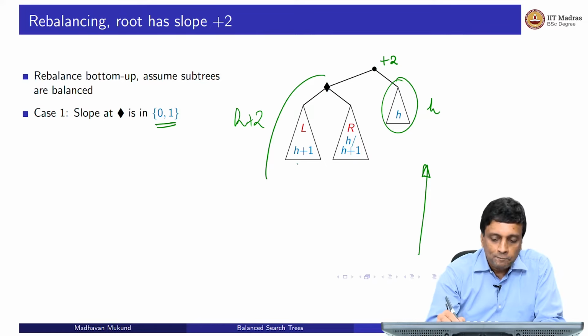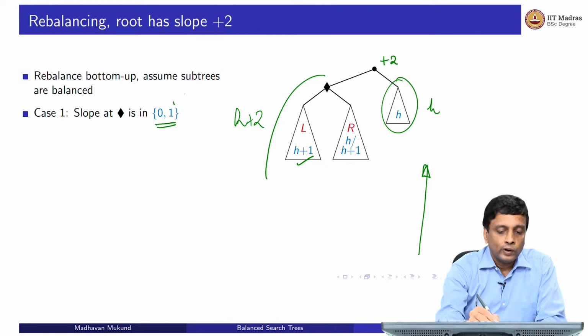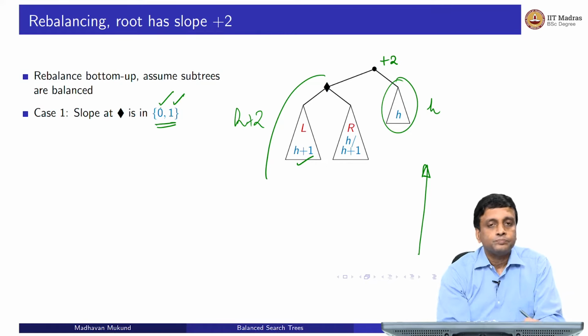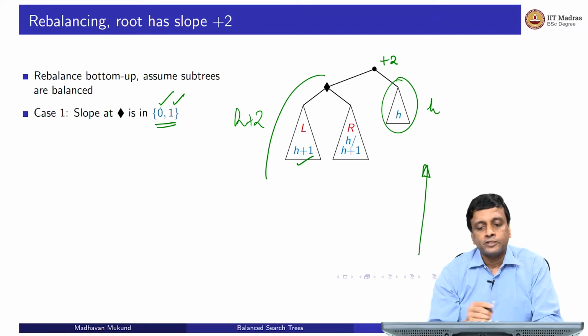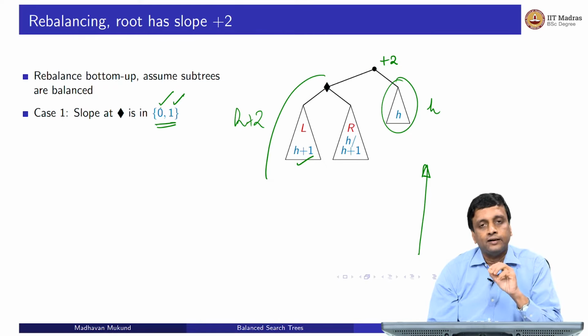So the left hand side must be h +1, it cannot be h. The right hand side could be h or h +1. If it is h, I have 1. If it is h +1, I have 0. So this is a concrete picture under the assumption that the root node, that black dot, has slope +2, and the left child, the diamond node, has either 0 or 1 as its slope.